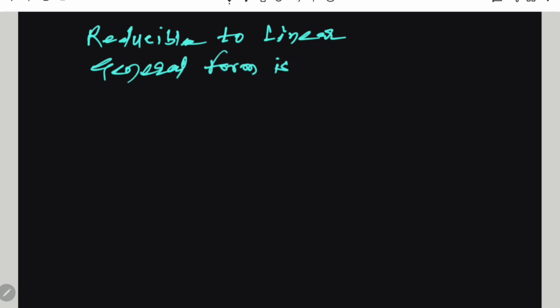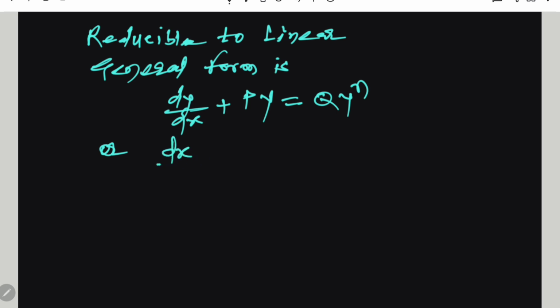Sometimes it is also called Bernoulli's equation, whose general form is like this: dy by dx plus P into y is equals to capital Q into y raised to n, where y is the dependent variable, or we have dx by dy plus P into x is equals to Q into x raised to n.